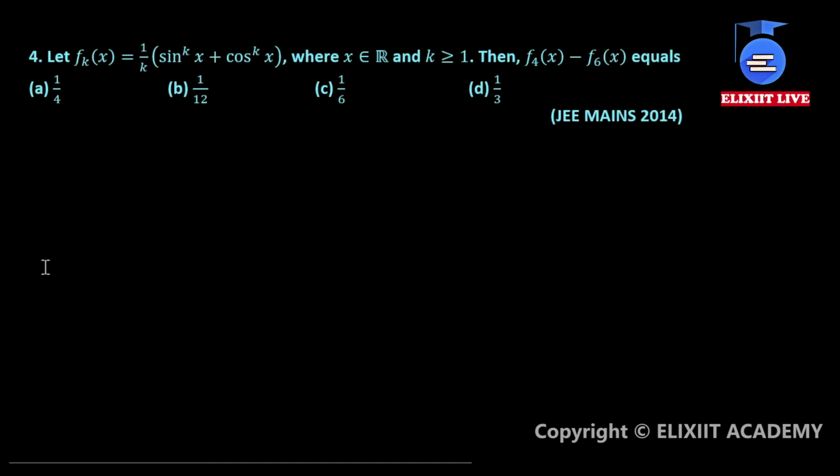Chalo, next. Solve this fast. Then I'll show you the shortcut for this question. Fkx is this particular thing given. Some conditions are given. Find out f4x minus f6x.